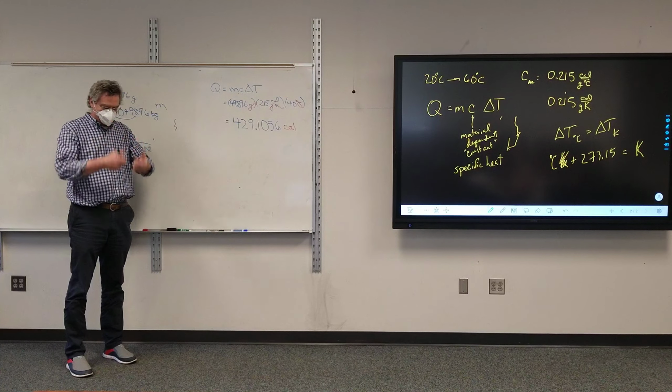It's an awkward conversion, so let's figure out, 1 calorie is equal to 0.9 over 0.215 joules.